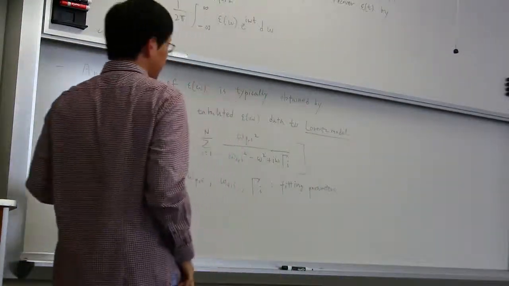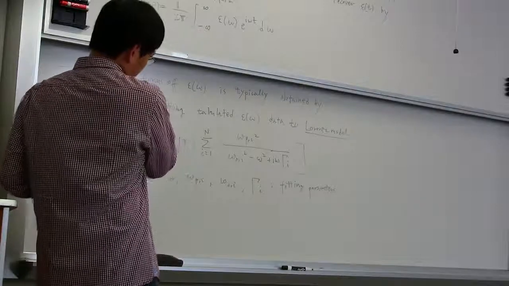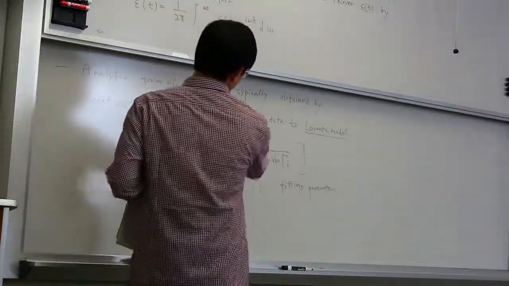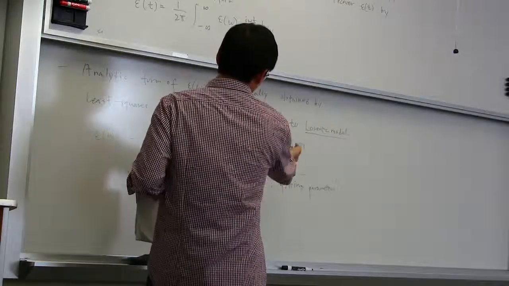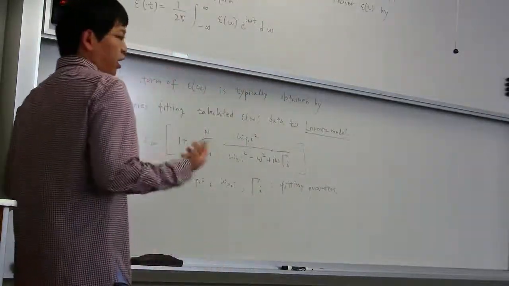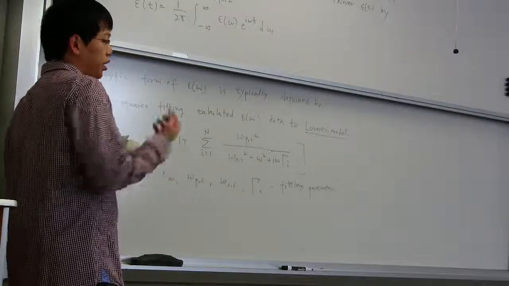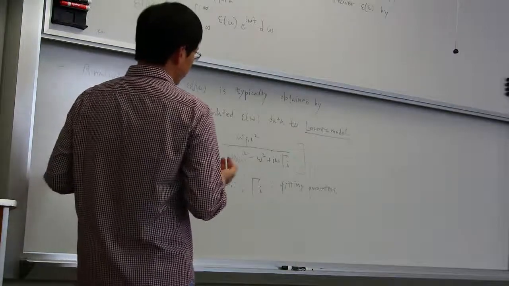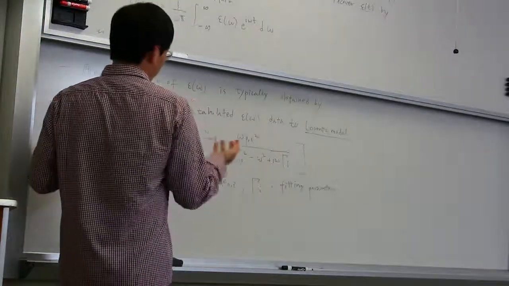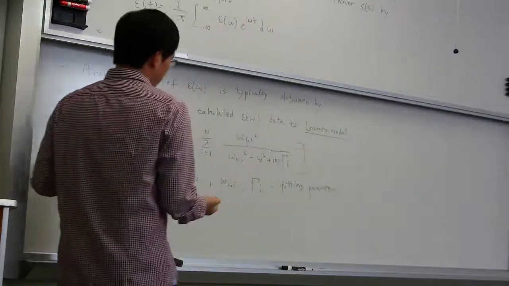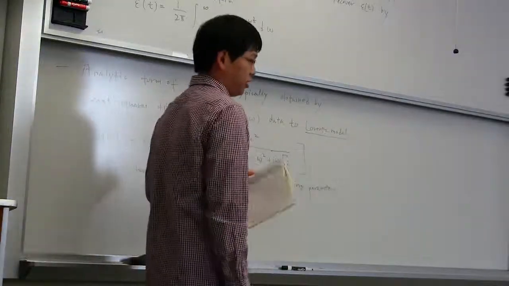You have these various fitting parameters: epsilon infinity, f, omega p, omega 0i, and gamma i. They are all fitting parameters. When you have the tabulated and experimentally measured epsilon of omega, you fit those parameters to this analytic form.